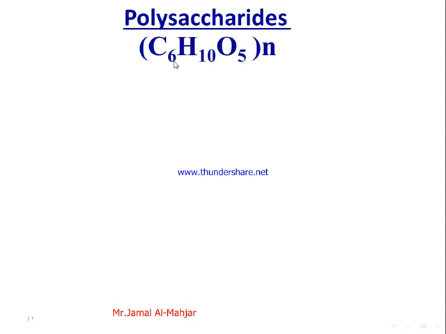Because if you have C6H12O6, remove H2O from it. The hydrogen decreases by 2, and the oxygen decreases by 1, removed as H2O. So condensation of more than 10 units of monosaccharide gives polysaccharides. Condensation means removing water from the monosaccharides.